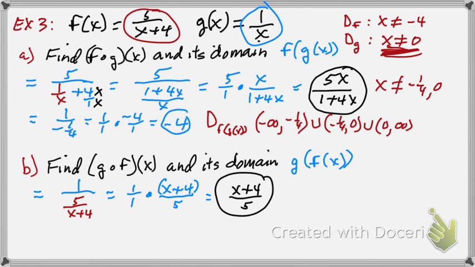Yeah, there's just one. I can't send f a negative 4 because that would break f, and then I'd have no output going to g.